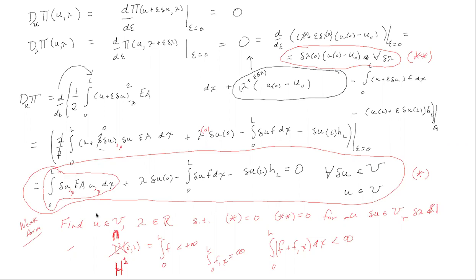That's exactly right. What we've done is we've taken the variational derivative. You have to look at the integrals and make sure that they will make sense. If you pick L2, that's not going to make sense because these derivatives could blow up. There are functions in L2 where that happens. And so you go through and look at everything and make sure you pick a space where everything makes sense. That's correct.